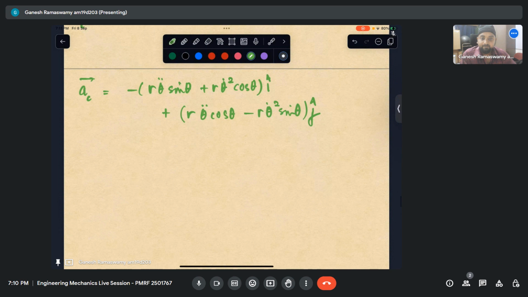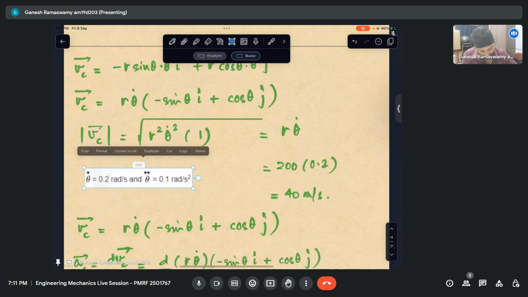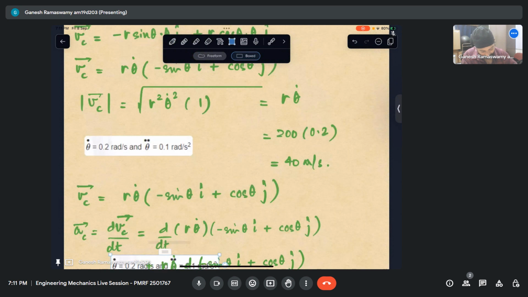So acceleration of C is nothing but minus of r is 200 theta. Let me copy this. So I have this as the given data here.